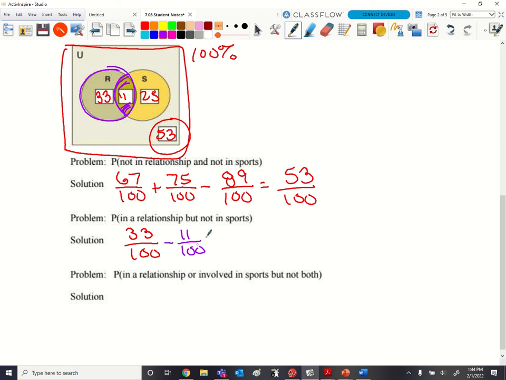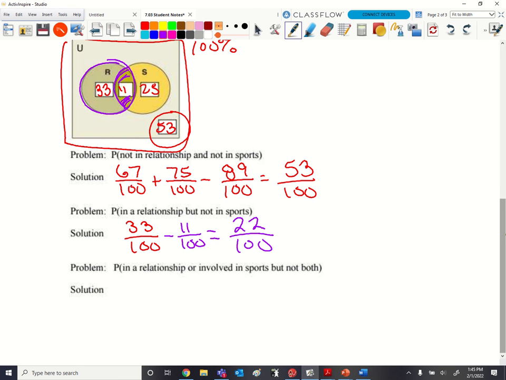So we came up with how much is in a relationship but not sports. 22% is not in a relationship and not sports. So, relationship, not sports. Now, the next one that we're going to do is in a relationship or involved in sports, but not both.